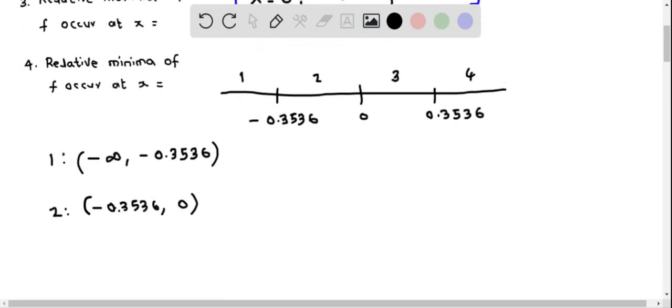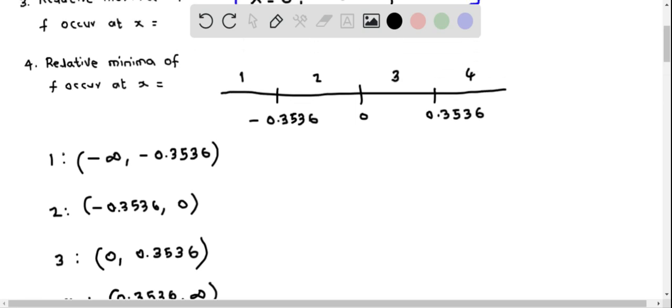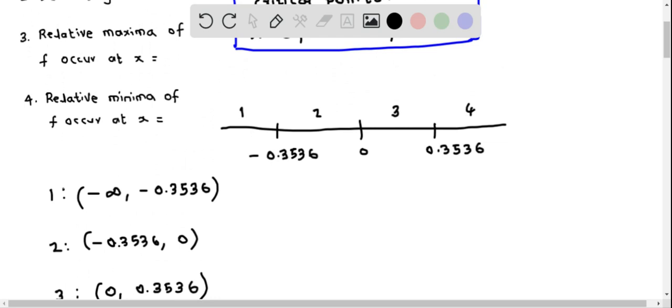The third interval is from 0 to positive 0.3536, and finally the fourth interval is x greater than 0.3536, that is the interval 0.3536 to infinity. We have to determine whether the function is increasing or decreasing in each interval, and for that we prepare the sign chart using the derivative of the function, that is f prime of x.